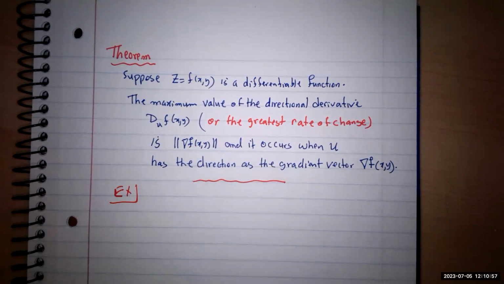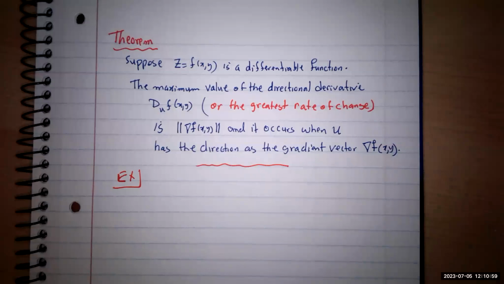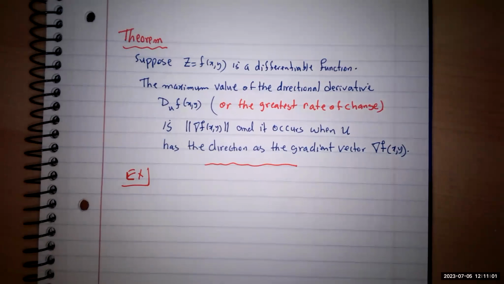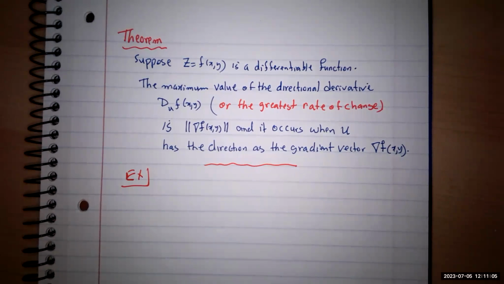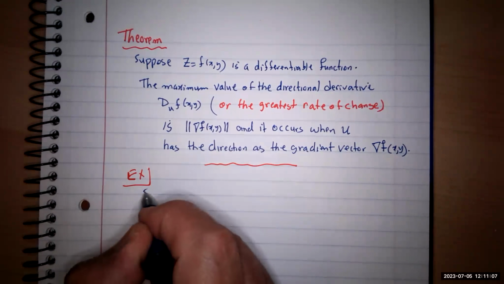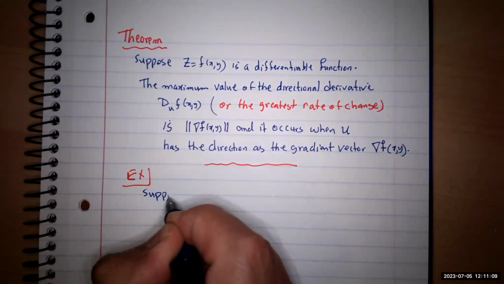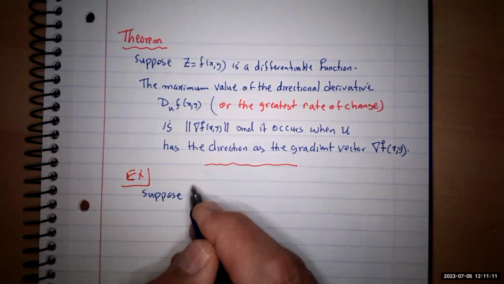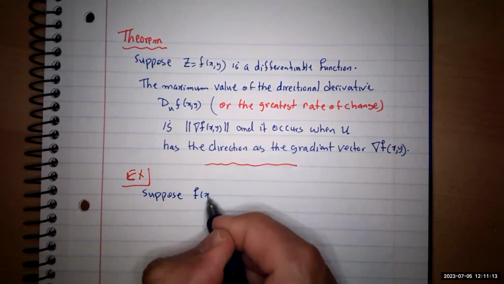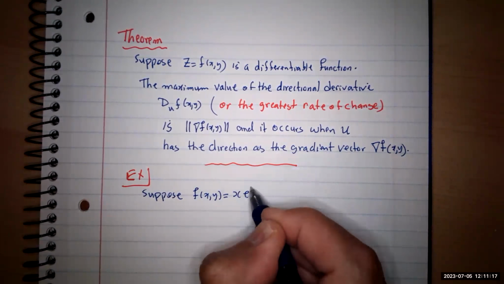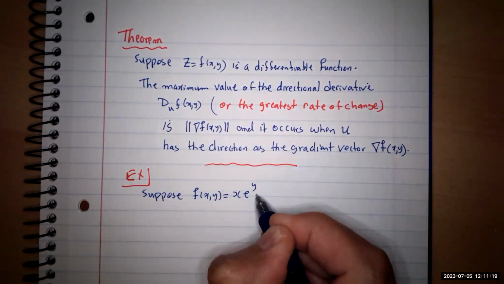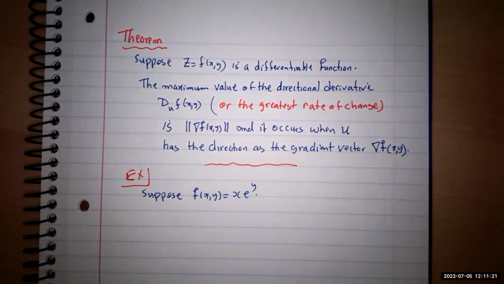There's a point here about how you're going to pick your directional vector for this problem. That's why I picked this one. So this is it. Suppose f of x, y is equal to x e to the y, a function of two variables given. So they ask you two questions.